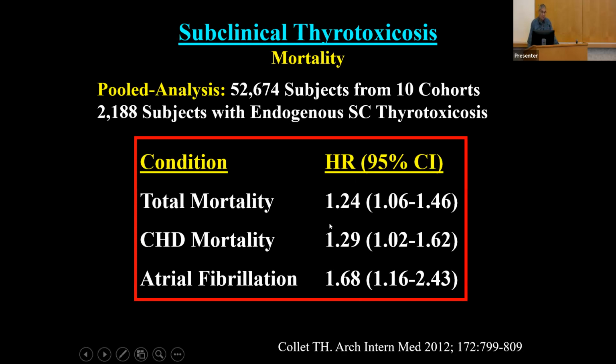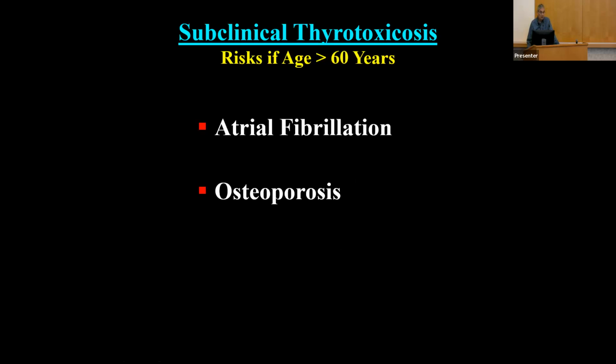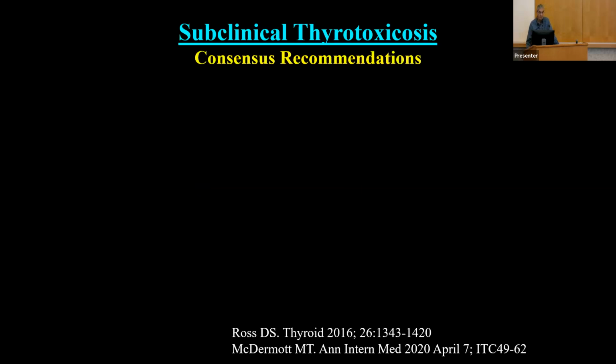So subclinical thyrotoxicosis in older people increases the risk of atrial fibrillation, osteoporosis. I didn't show you that data, but there's an increased risk of fractures and of mortality. And so it's not trivial for an older person to have a low TSH and T4 and T3 that are still in the normal range.